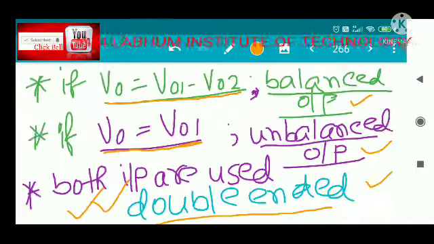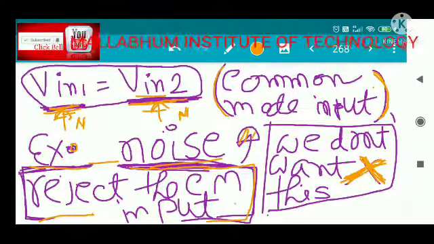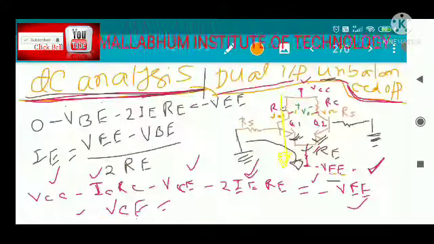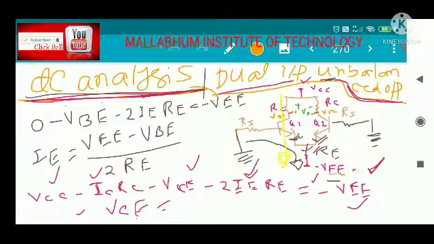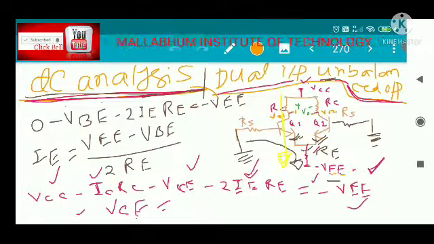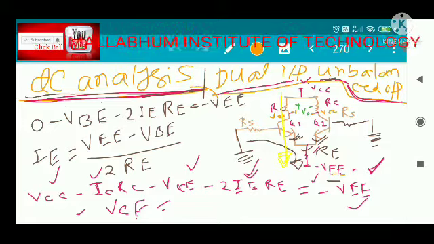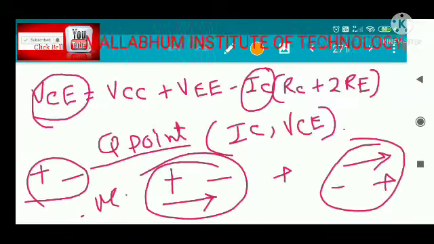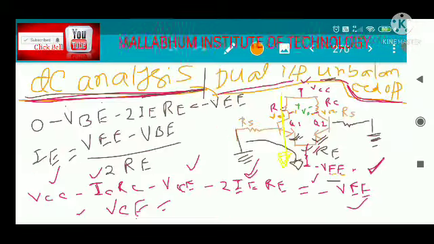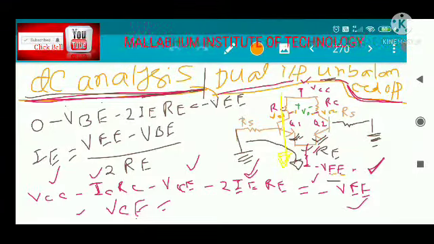Unbalanced means only one output is being calculated, not two: V01 or V02. That is the purpose of this circuit.